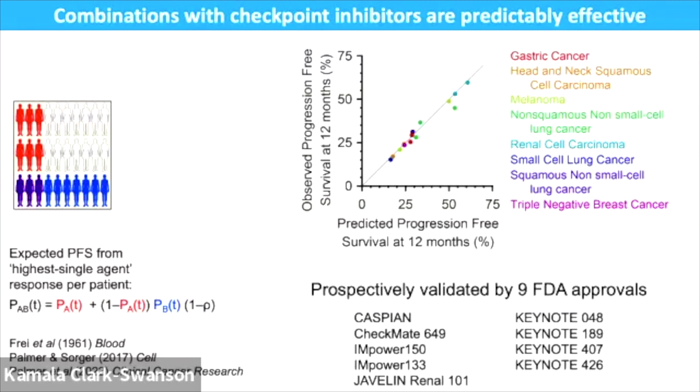But this here is just describing the effect of which one drug works best for an individual patient. It's not even describing an additive effect of two drugs in individual patients. This is just saying that at 12 months, maybe drug A got you to 12 months, or maybe drug B got you to 12 months. And so we wanted to consider next, what about additive effects or synergistic effects?